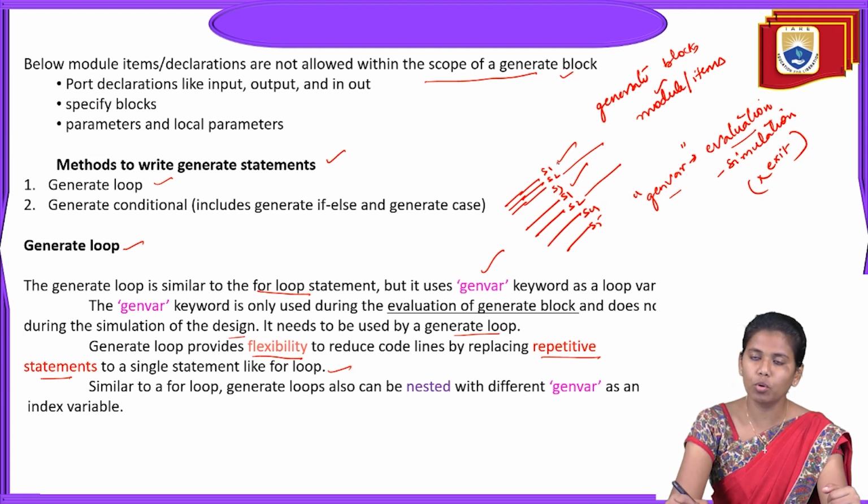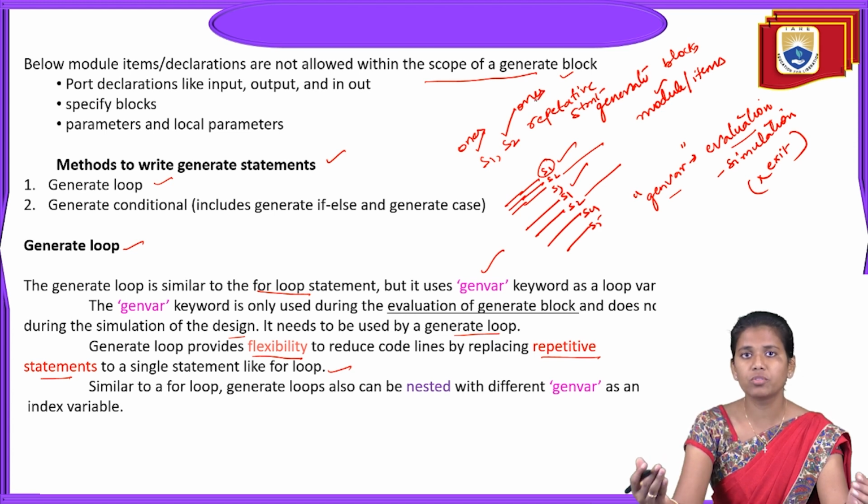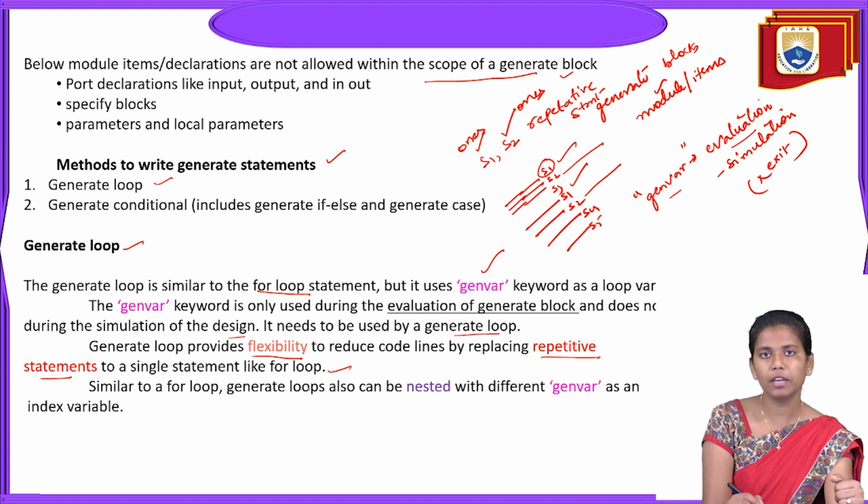It considers S1 only once and S2 only once. That means it reduces the repetitive statements into a single statement, like a for loop.